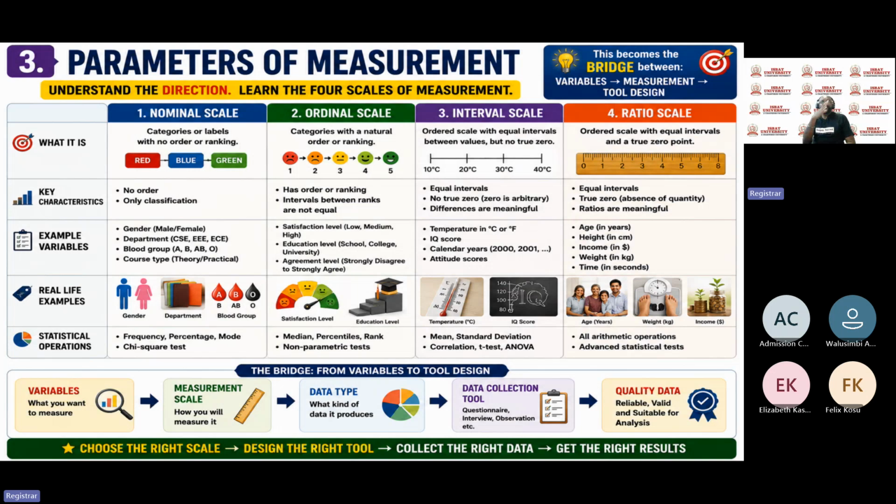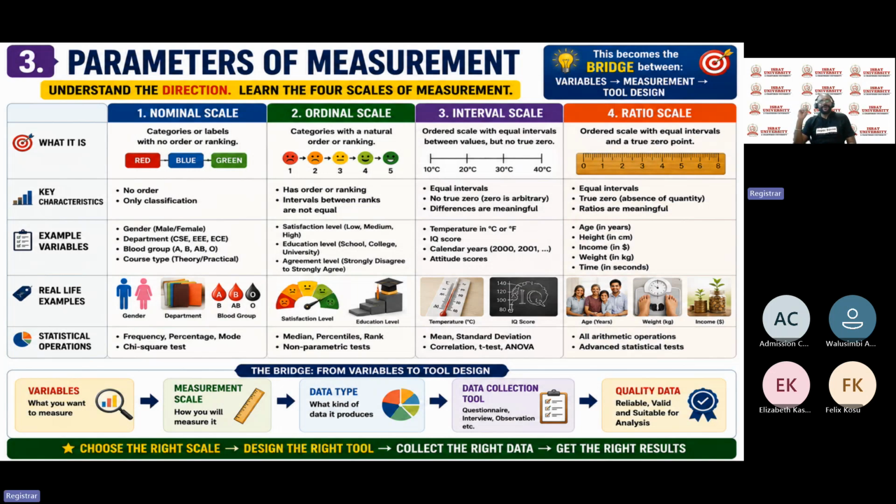The second is ordinal scale. Why does it have an order? If you take satisfaction, it has an order, isn't it? Highly satisfied, dissatisfied. So it categorizes with a natural order of ranking. If you take happiness, there is a natural order of ranking.